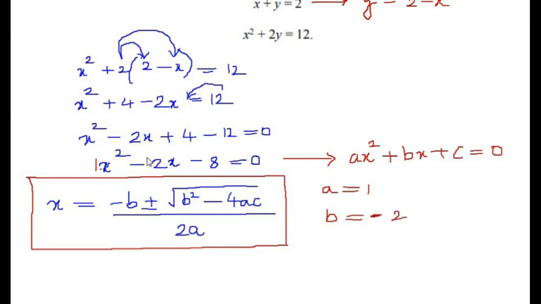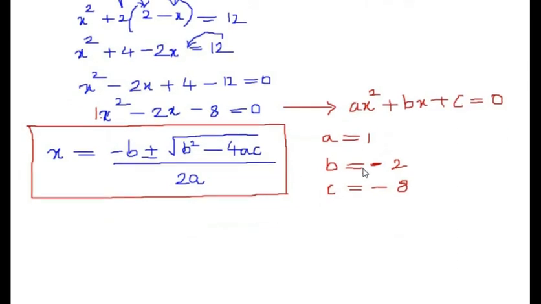Make sure that you are taking the signs as well. Then c, which is a constant, we can see is negative 8. Again, take the signs.